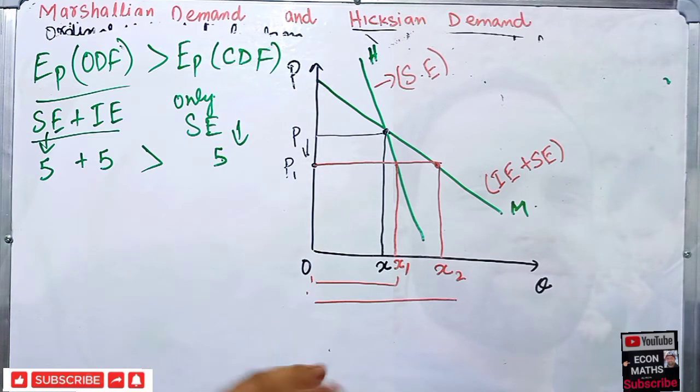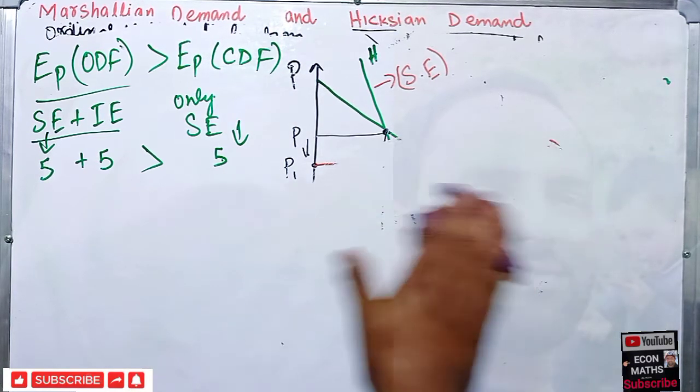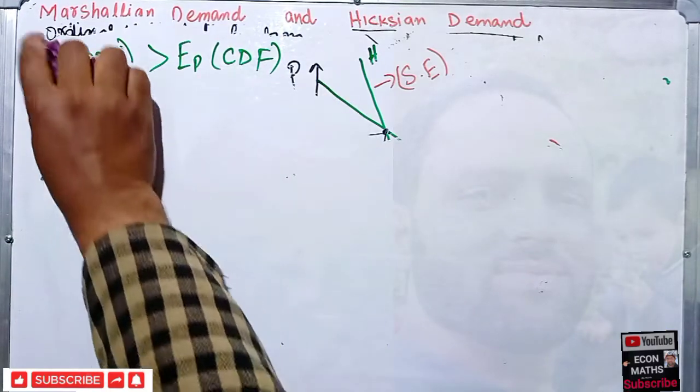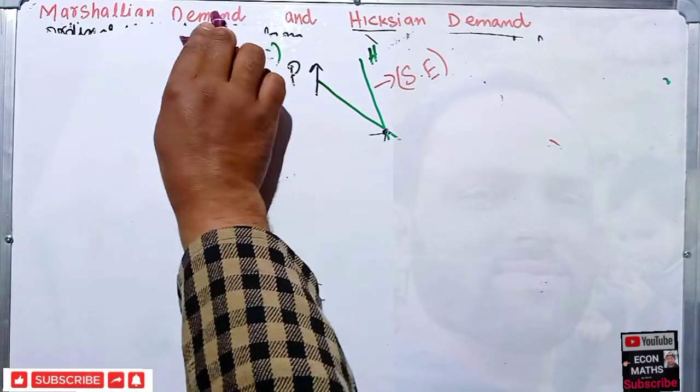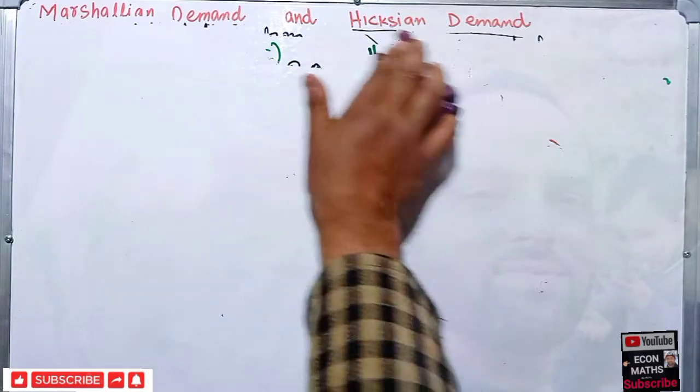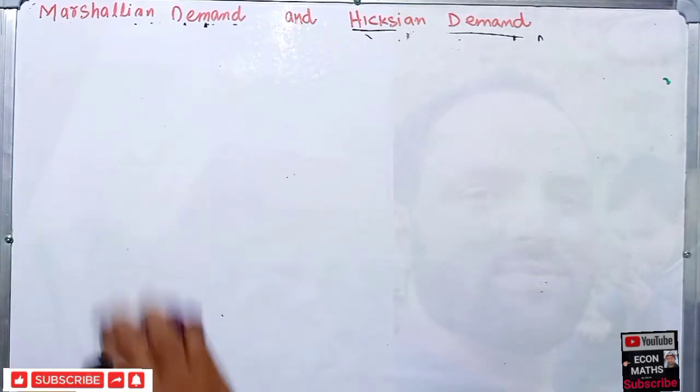Now, coming to the important property of the Marshallian demand function and ordinary demand function, that is the homogeneity of these two demand functions.